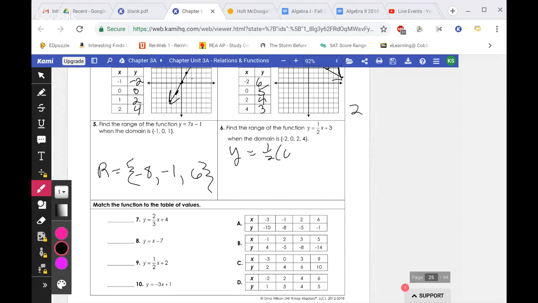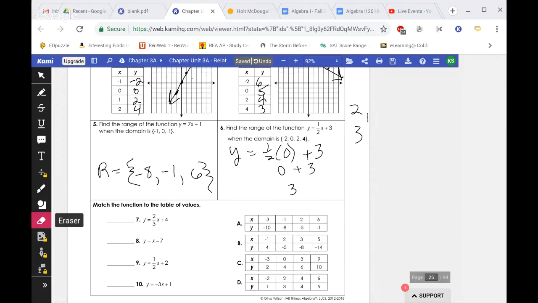Y equals 1/2 times 0, which is the second value in the domain. 0 plus 3, so that's 3. The next value in the domain is a positive 2. So you'll plug in a positive 2 for x.